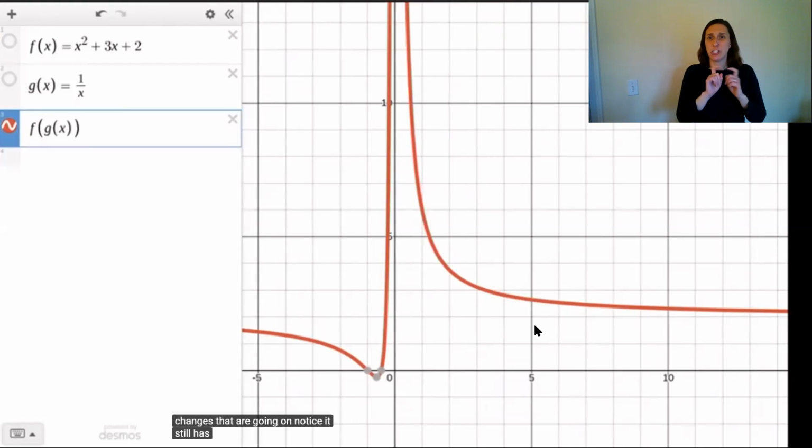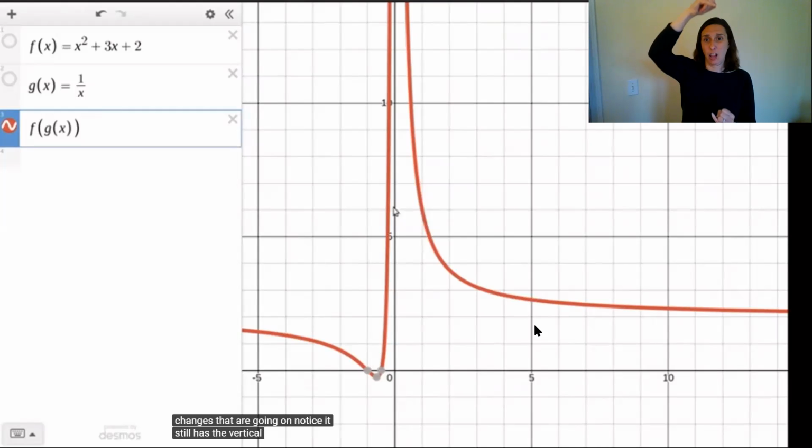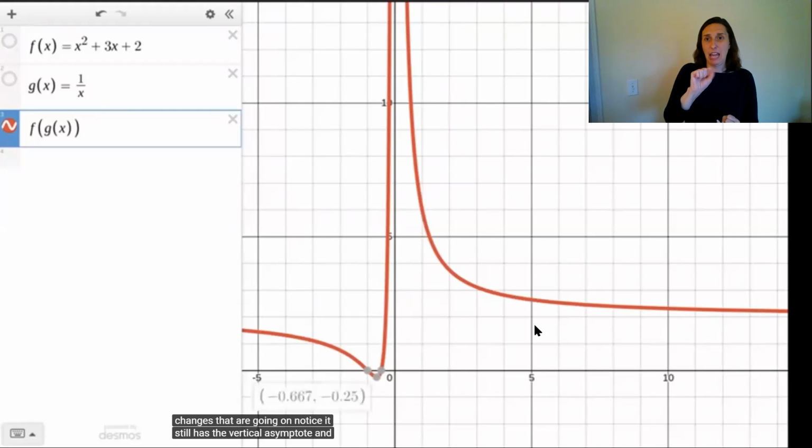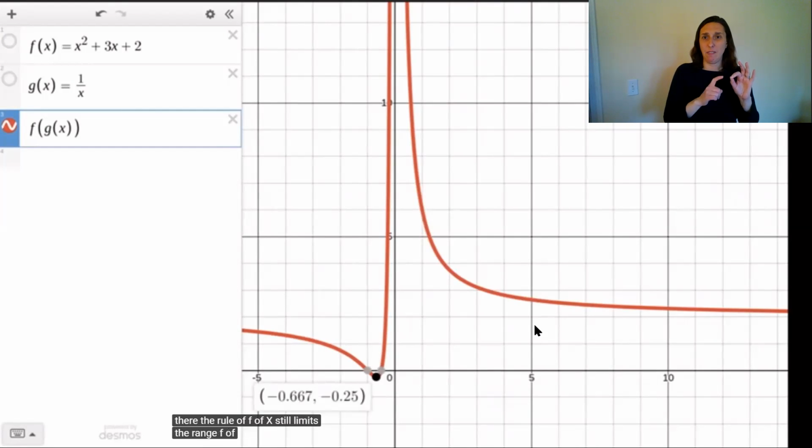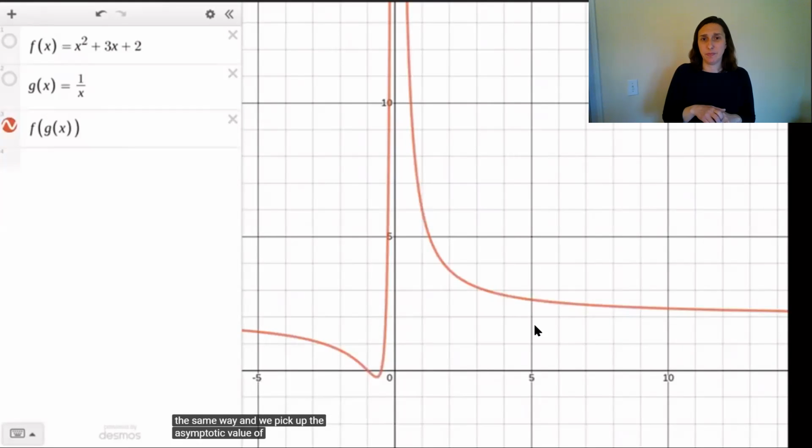Notice it still has the vertical asymptote, and it still ends up with the minimum value. F of x is saying, hey, I will have a minimum value there. The rule of f of x still limits the range. F of x's range is still defined the same way, and we pick up the asymptotic value of g.